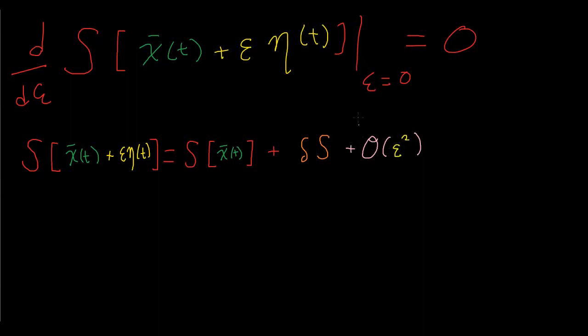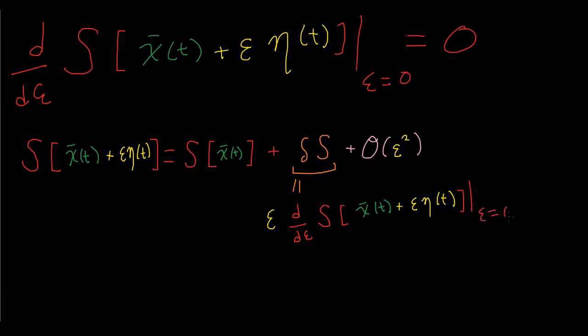All right. So what did I just do? I just defined a bunch of notation that might look a bit familiar to other physicists. But what is this? This is just equal to epsilon times d by d epsilon of S of x bar of t plus epsilon times eta of t, evaluated at epsilon equals 0.